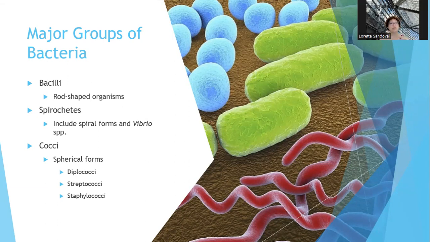Spirochetes include spiral forms. There are lots of different spirochetes. Spirochetes is the other pronunciation. Really, in terms of pronunciation, I don't care how you pronounce things as long as you know what you're talking about. And then cocci are spherical forms. So it can either be diplococci, which is two spheres together, or streptococci, which are multiple spheres in a line.